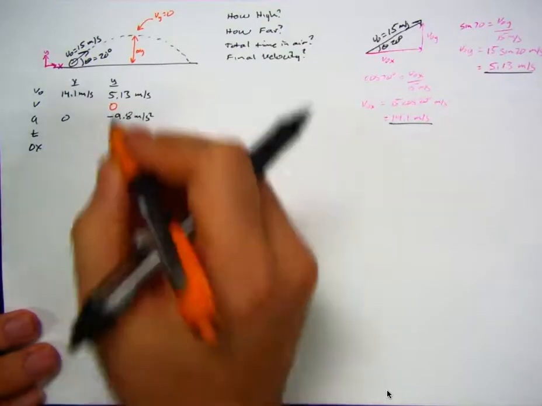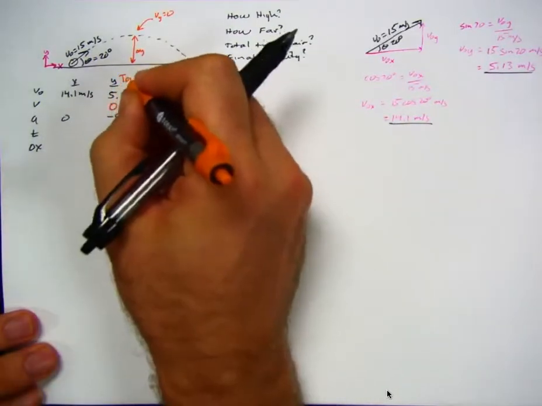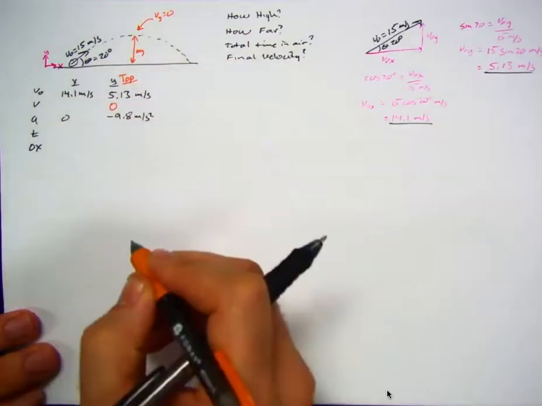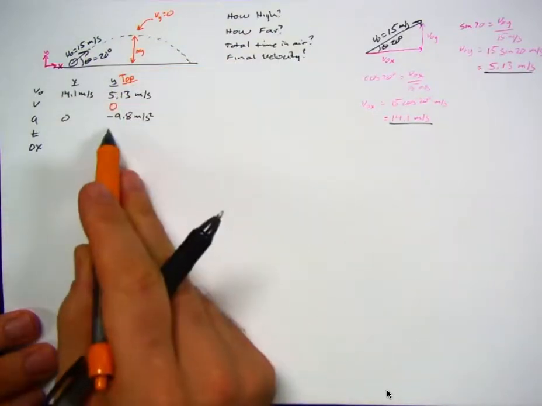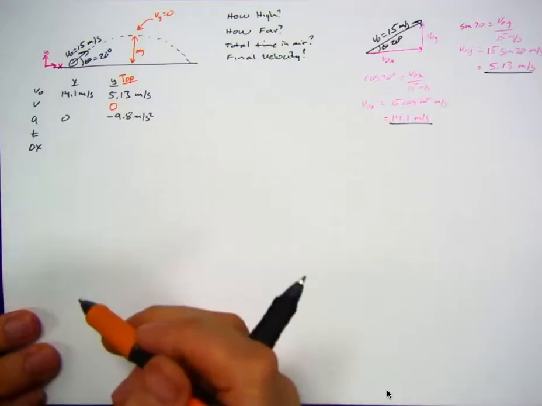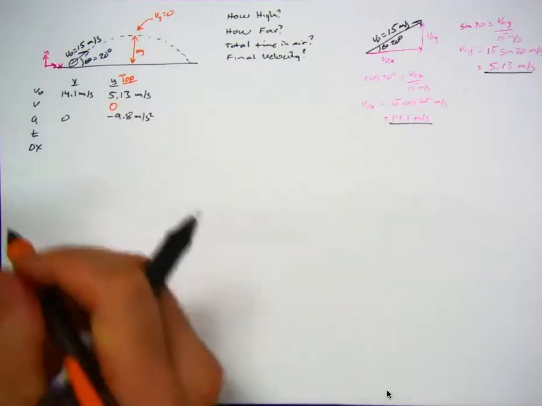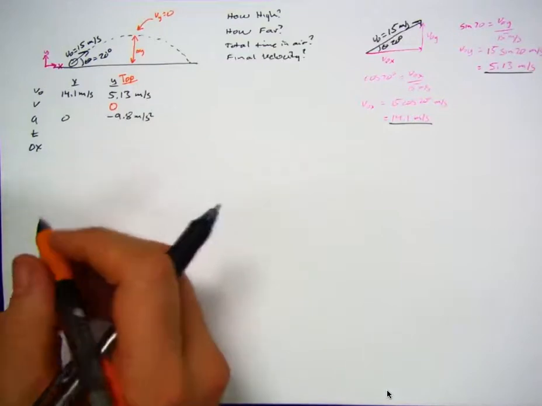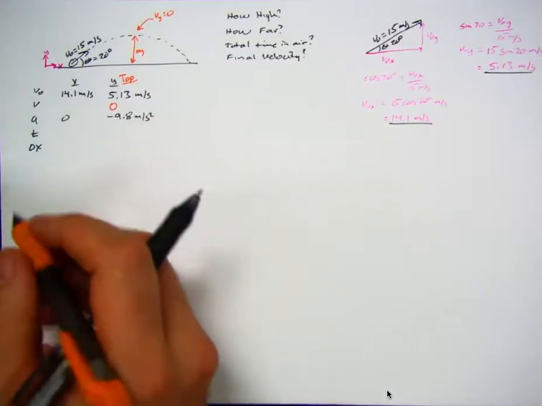As soon as I do that, I'm going to label this column. This is to the top of the problem. That means that if I calculate the time, it's going to be the time to the top, and if I calculate the delta y, it's going to be the delta y to the top. Once I do that, I can very easily just use my equations.